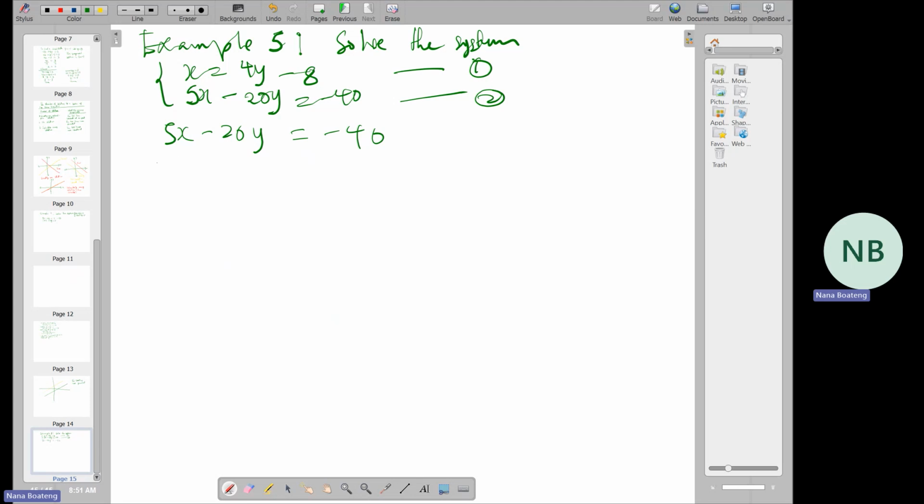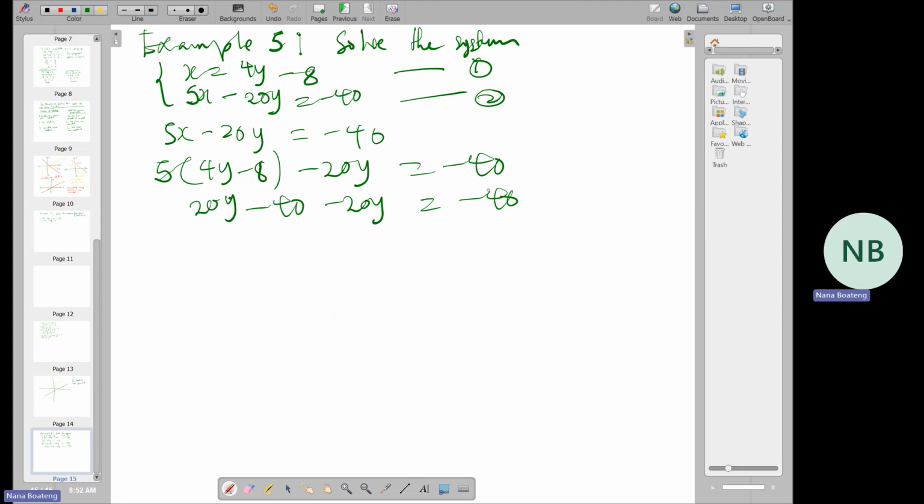And so that will give us 5 times 4y minus 8, and minus 20y is equal to negative 40. So 5 times 4y is 20y, 5 times negative 8 is negative 40, and minus 20y is equal to negative 40.